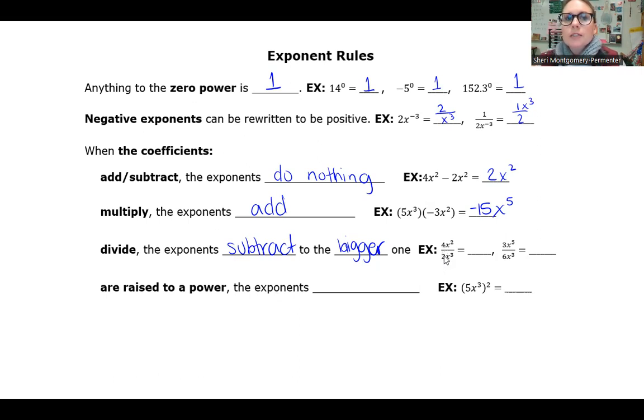Well, 4 divided by 2 is 2, so that number is going to become a 2. And then for my exponents, I have a 2 on the top and a 3 on the bottom. Well, 3 is bigger, so this one's going to come down here and you will subtract 2. So I get x on the bottom, 3 minus 2 is 1. I don't have to put to the first power.